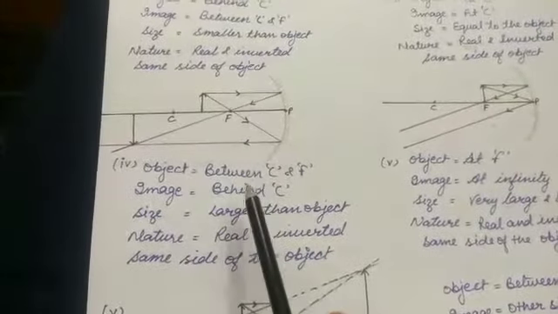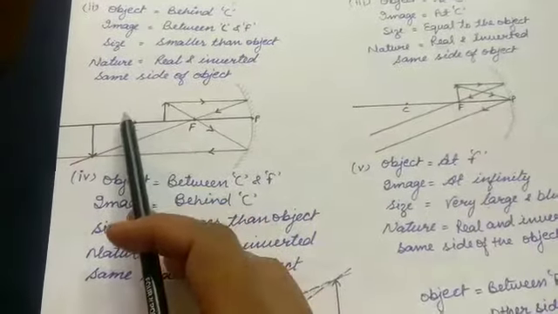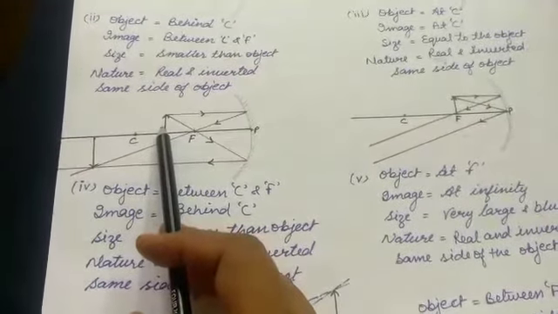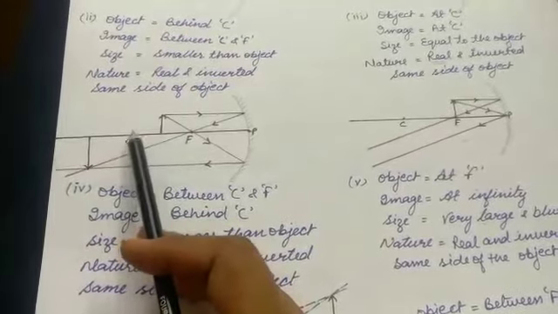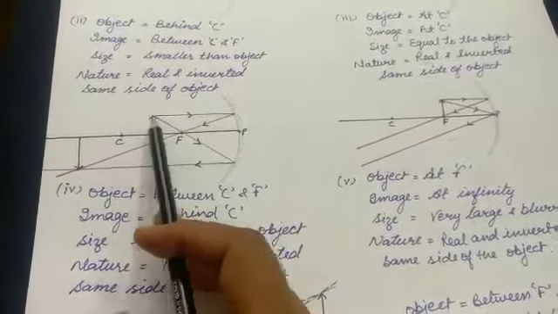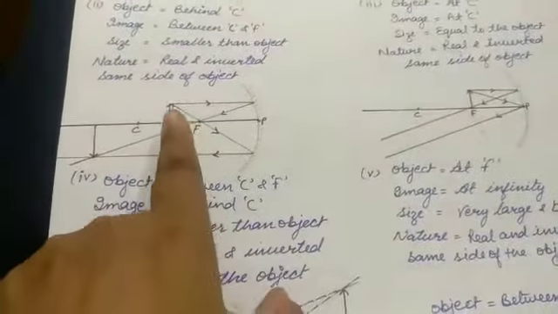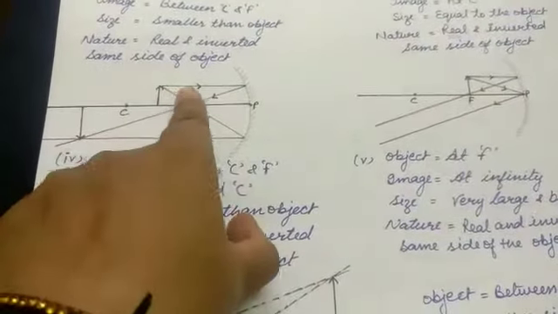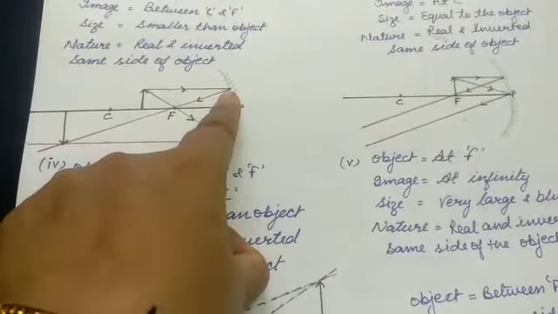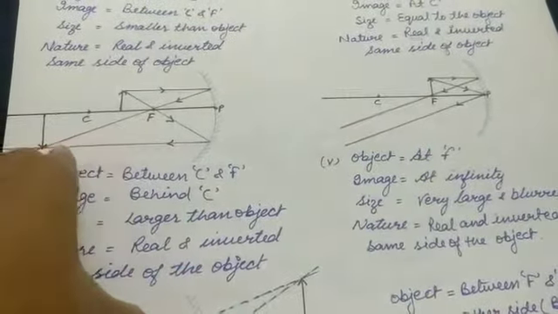Now the fourth case. Now we have brought the object more closer to the mirror. So now the position of the object is between C and F. This is our object standing straight in front of the mirror. So what happened, that again the first line which we are taking, it is parallel to the principal axis, and after the reflection it is passing through the principal focus.